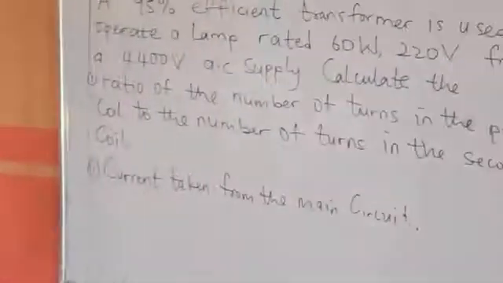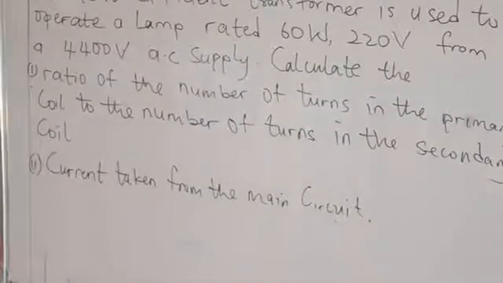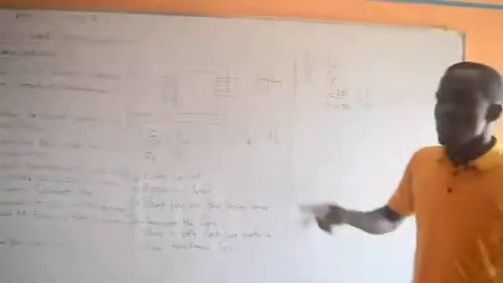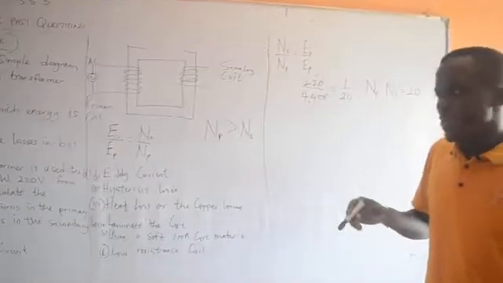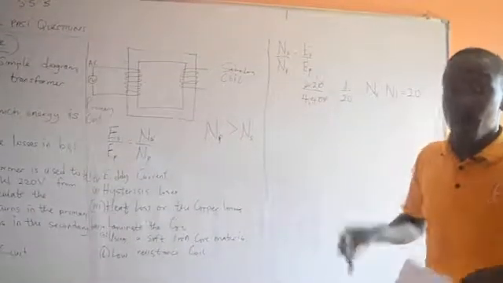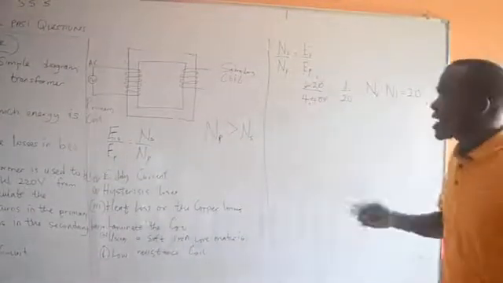Now finally, we have Roman figure 2, and it says that we should calculate the current from the main circuit. If we are told to calculate the current from the main circuit, what they are asking us is we should calculate the current from the source or from the primary. Now, how do we get the current?